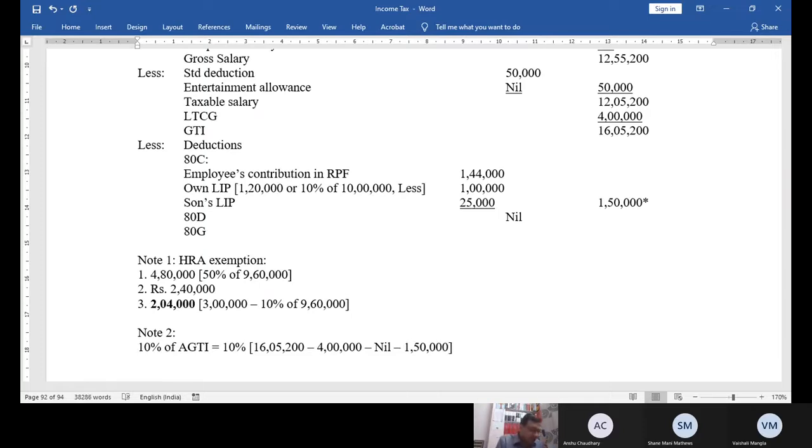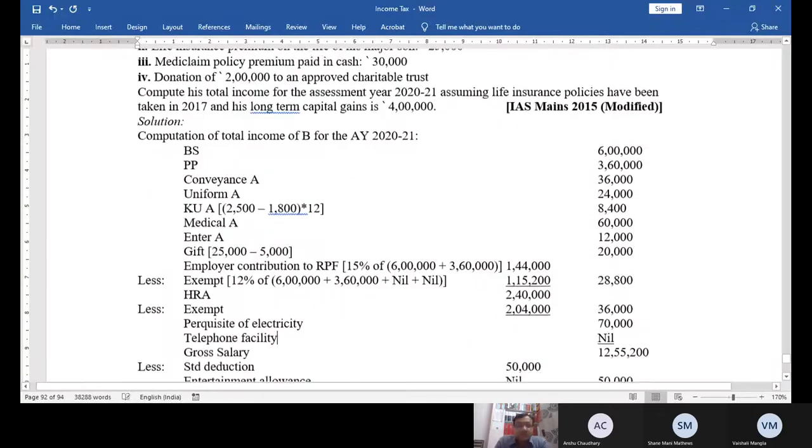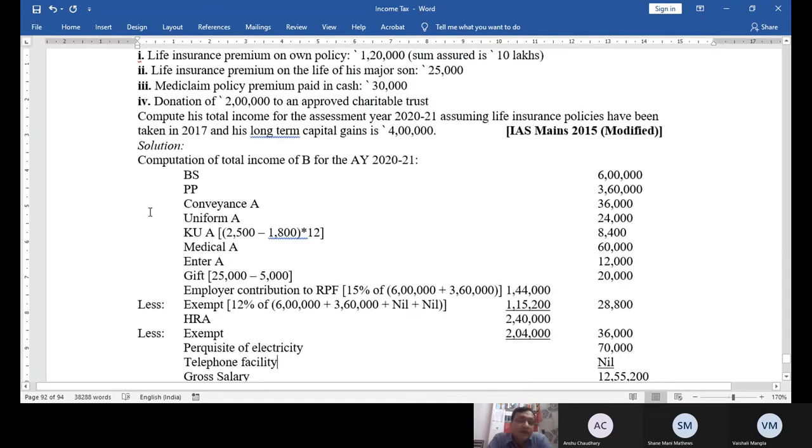With this, my adjusted GTI comes out to be 10,55,200, into 10%. It becomes 1,05,520. And how much have I donated? 2 lakh rupees. So the excess is ineligible.